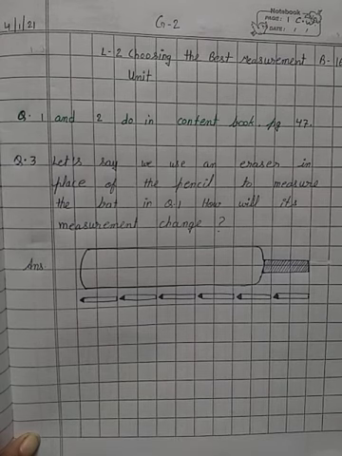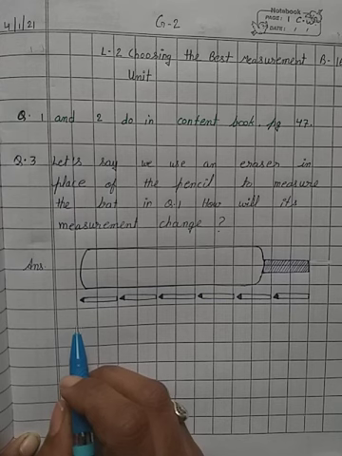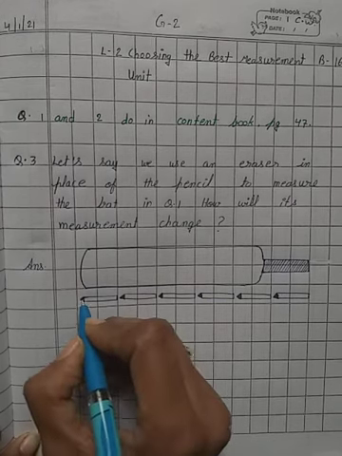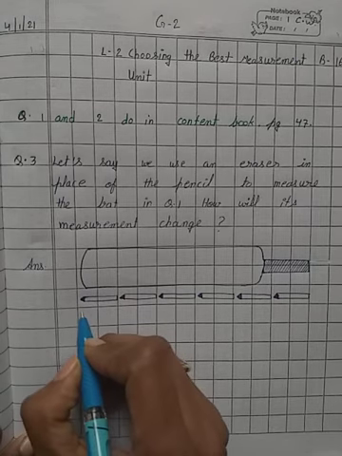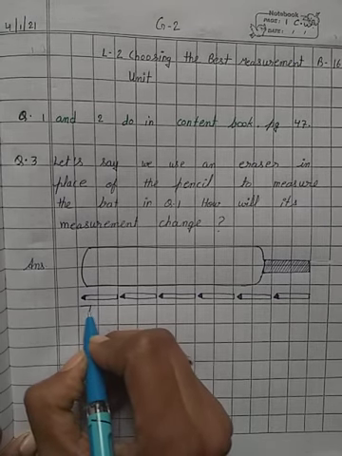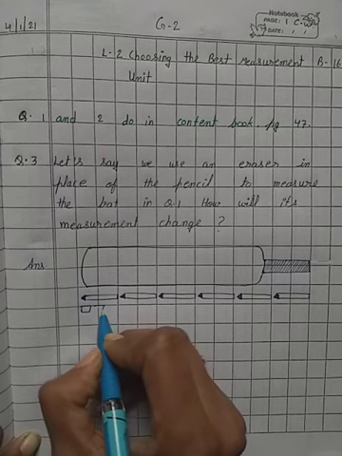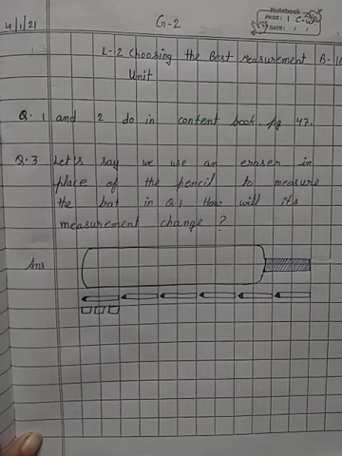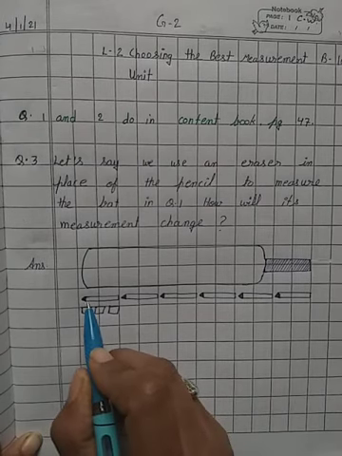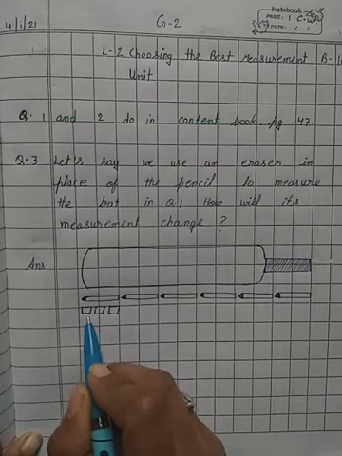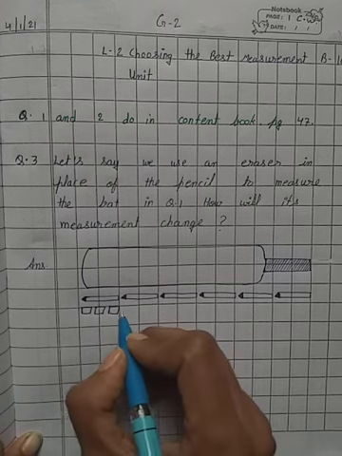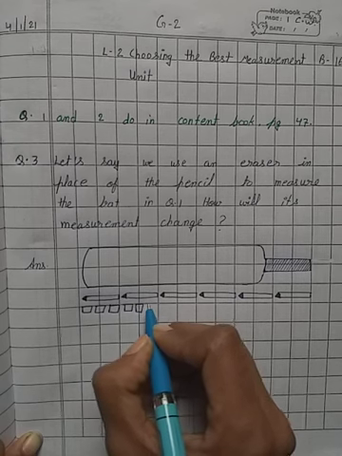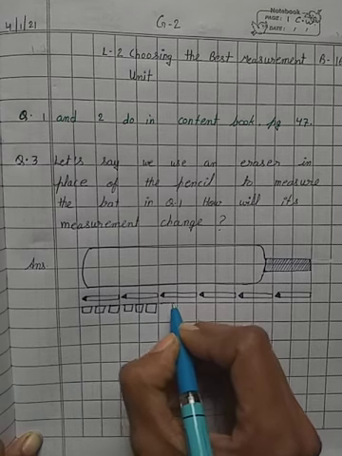Suppose if we measure the length of a pencil with erasers, it is equal to 3 erasers. So one pencil is equal to 3 erasers.